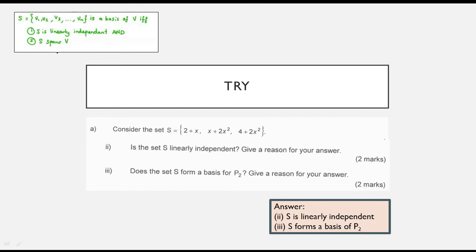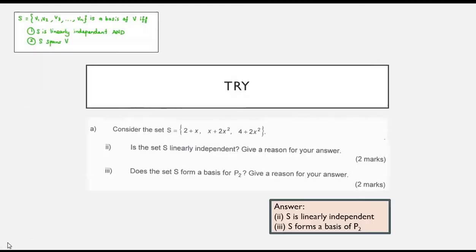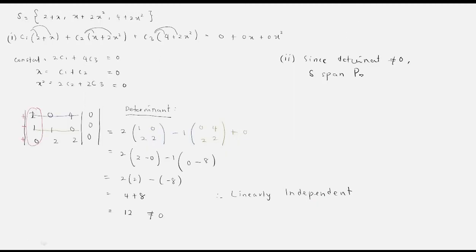We have to prove whether S spans V. Since the determinant is not equal to 0, the set S spans P2, because x square spans P2.